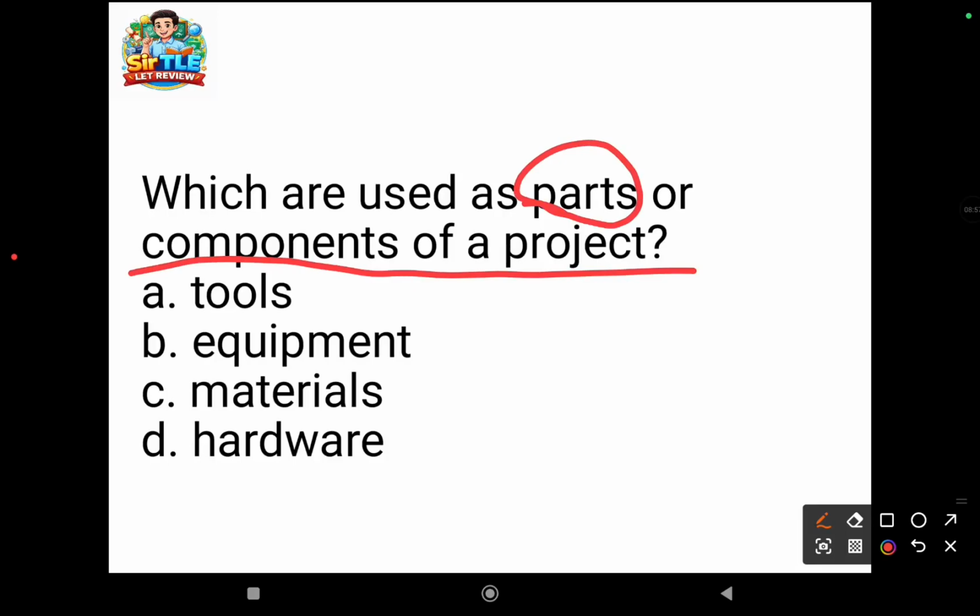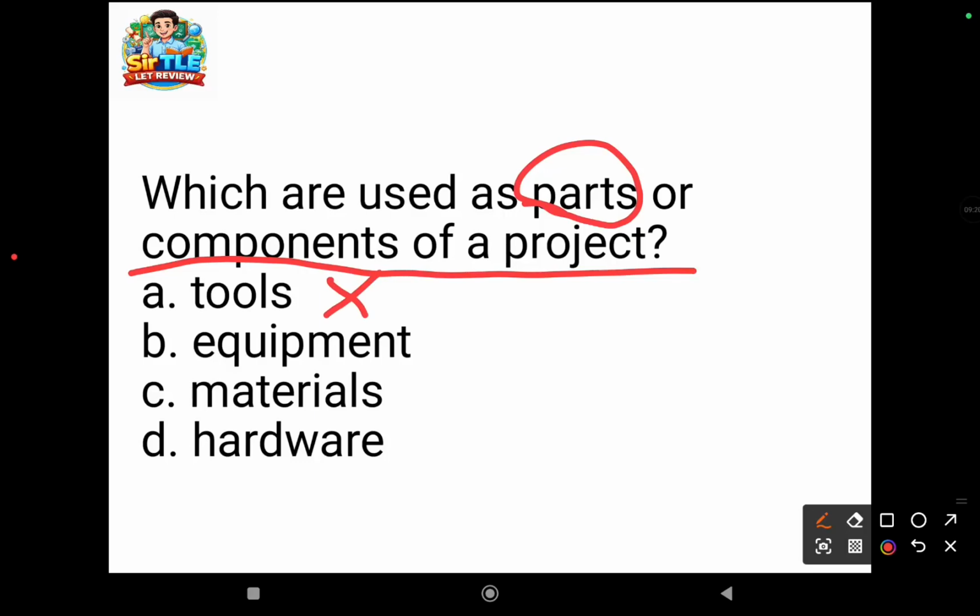Is it a tool? No. A tool is used to manipulate materials such as hammers and screwdrivers, but the tool will not become a part of the final product.